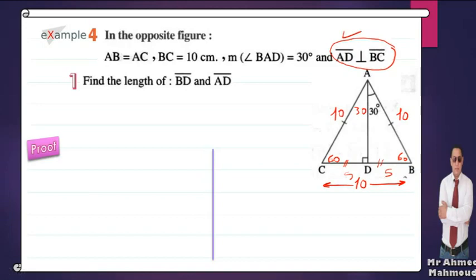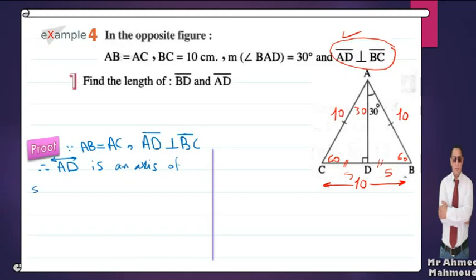Okay, since AB equals AC and AD is perpendicular to BC, therefore AD, a straight line, don't forget, is an axis of symmetry of triangle ABC.